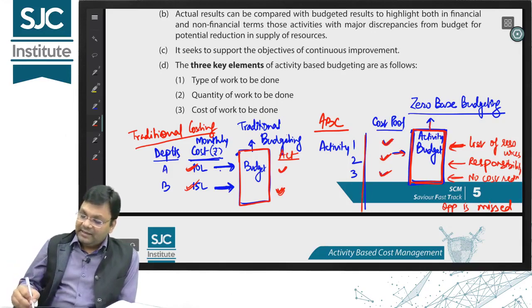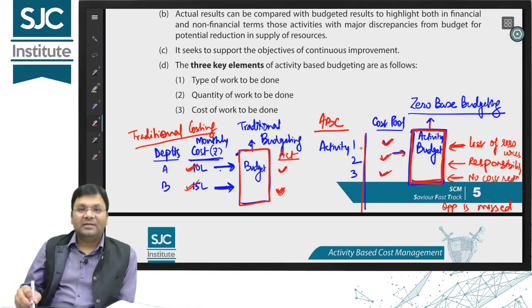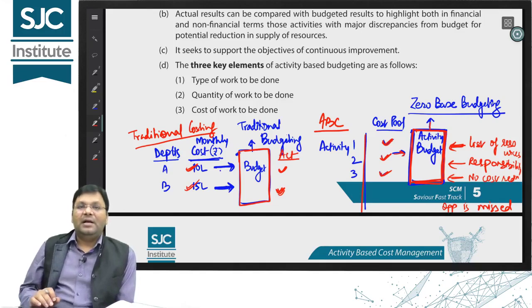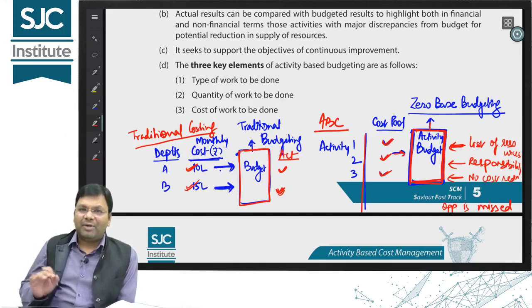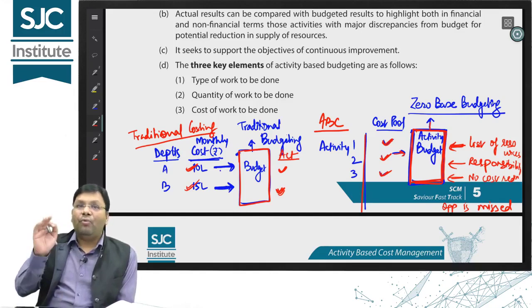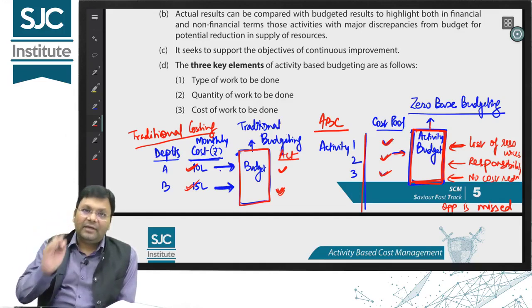Similarly, here also we can do the same performance analysis with activity managers, to whom we had already given an activity based budget. Now what is the actual cost? So we can compare and see whether they are within our budget or not, right? So activity based budgeting will also help us in performance evaluation of our activity managers. The best part of activity based budgeting is that you know what is going to happen in the activity cost.